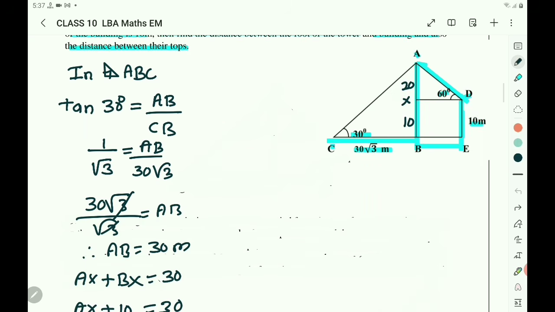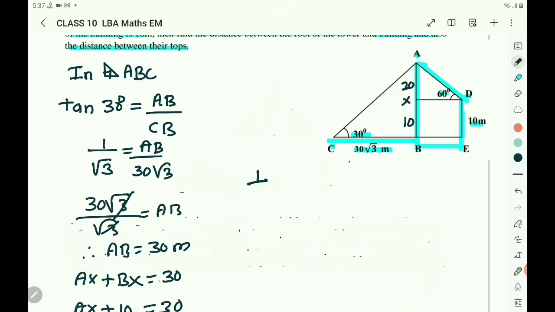So use the triangle ADB to find DX and AD. To find DX, which trigonometric ratio do we have to use? For this 60 degree, AX is the opposite side and DX is the adjacent side. The trigonometric ratio with opposite side by adjacent side is tan theta.